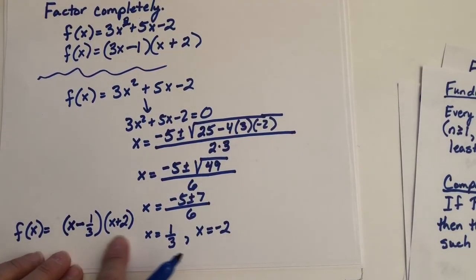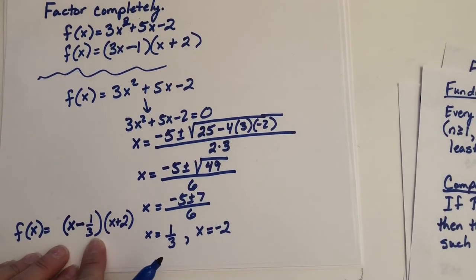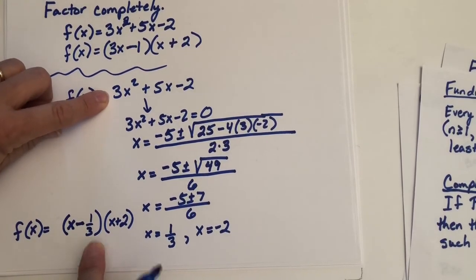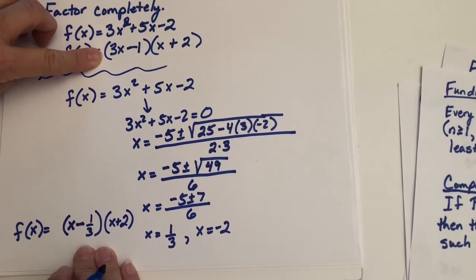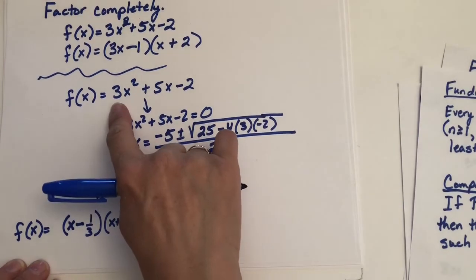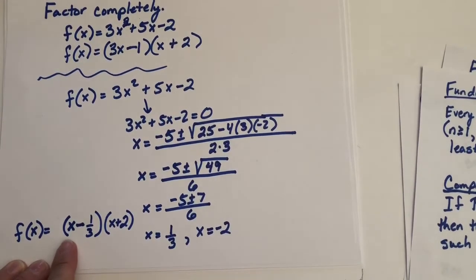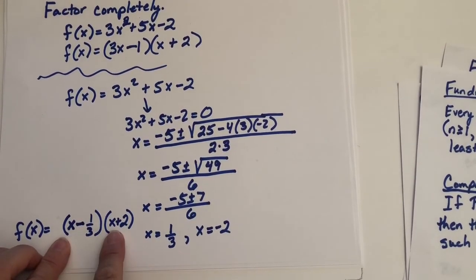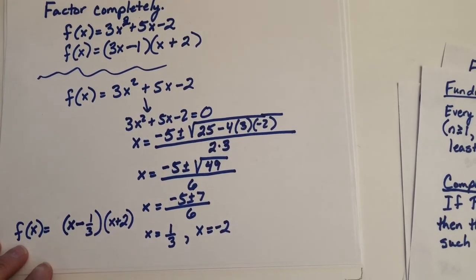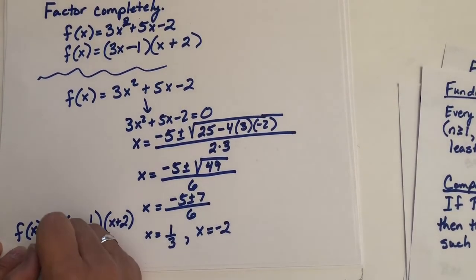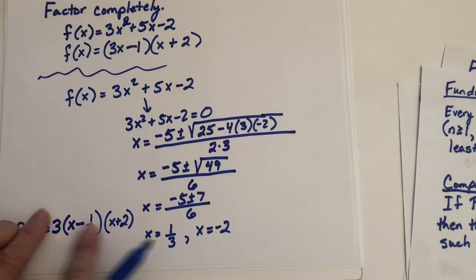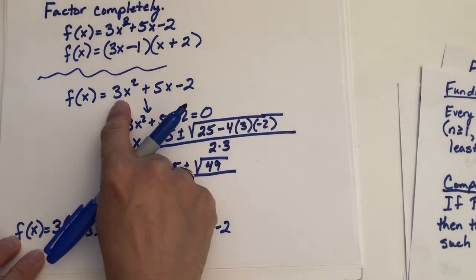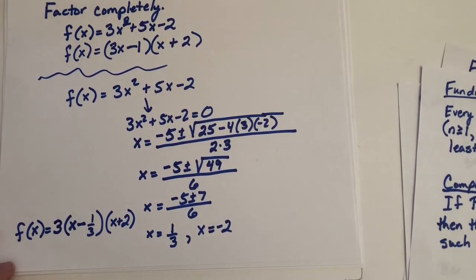If you actually multiplied these two together, you would not get this polynomial. And notice it isn't equivalent to this. We know this is the answer. The leading coefficient here is 3. If you multiply this out, the leading coefficient would be 1. So we need to handle that by putting a 3 here. Now if I multiplied this x by x, I'd get x squared. Multiplied by the 3, that would give us the 3x squared.